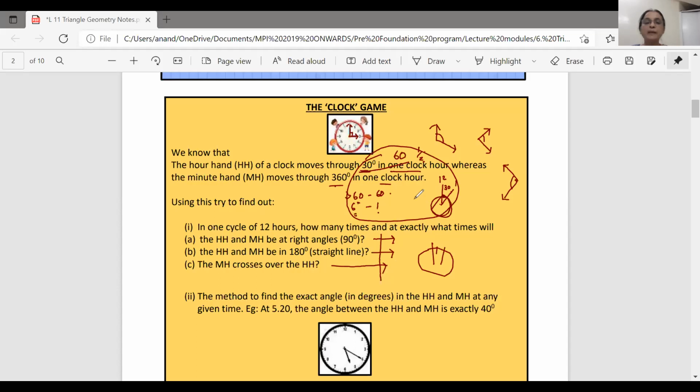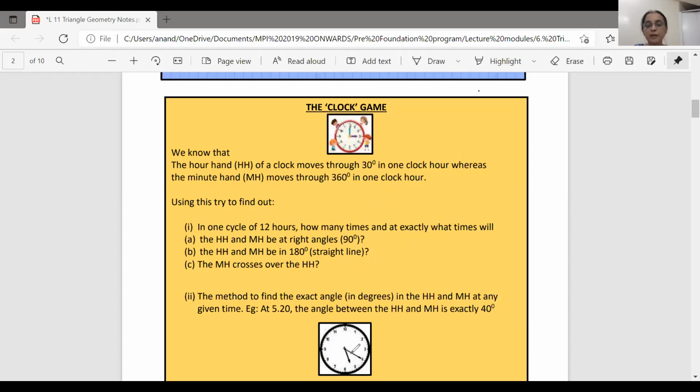And then you have to find a formula by which you will be able to determine the exact angle between the hour hand and minute hand at any given time. For example, at 5:20, the angle is going to be exactly 40 degrees. How will you find a formula? How will you determine a definite method by which you can find the angle between the hour hand and minute hand at any given time?